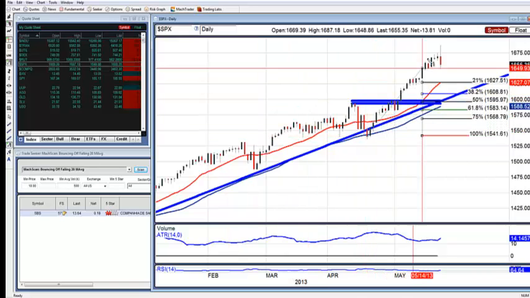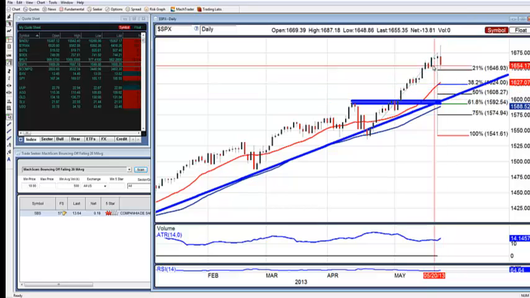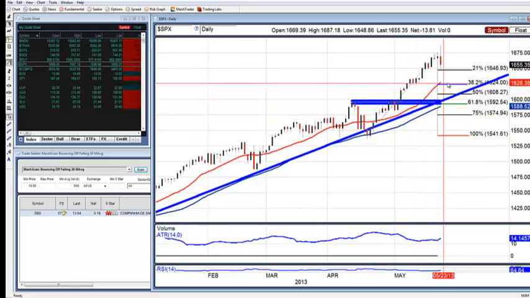I'm going to draw your retracement up to the top, and these numbers right here represent a percentage retracement against the prior motive wave. A standard retracement is right around 38 to 50%. That's where I'm anticipating this market coming to, somewhere between 1624 and 1606. And if it does come into that 1592, which is right in the area of 1600 as well, that's a great level of support as well.